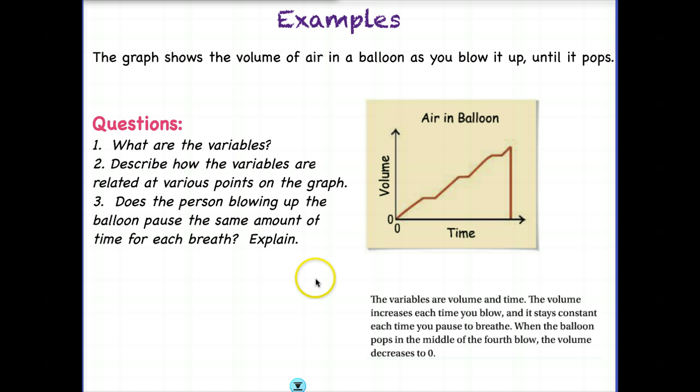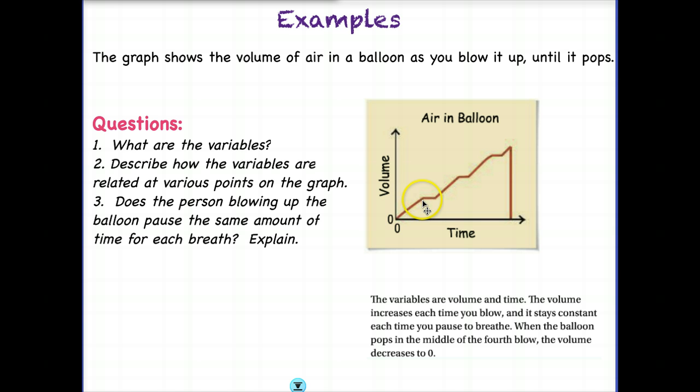Here's our essential questions. What are the variables in this graph? Remember that we described the variables as x and y, so think about where x and y are, and that will help you to identify the variables. Second question, describe how the variables are related at various points on the graph. So what that means is, how do these variables relate here? Notice how the graph changes.